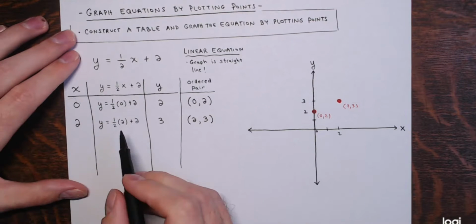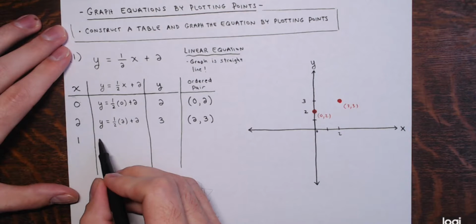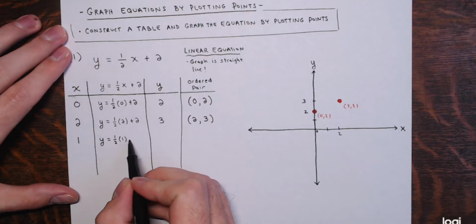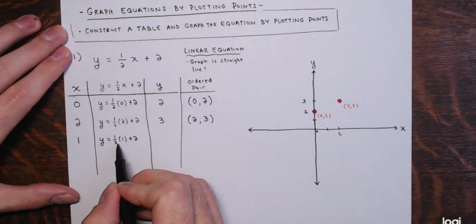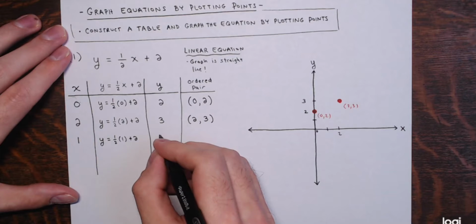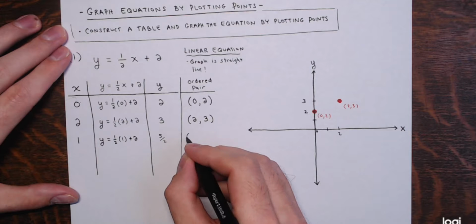Now, you could have plugged in 1. If x were 1, you'd have y equals 1/2 times 1 plus 2, which is 1/2 plus 4 halves. You need a common denominator when you add. That'd be 5 halves, or 2.5. You could put 2.5, 5 halves, all the same number.